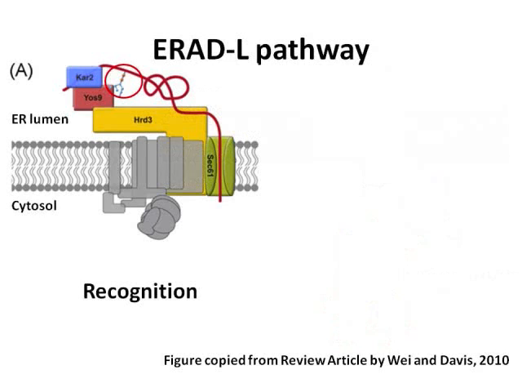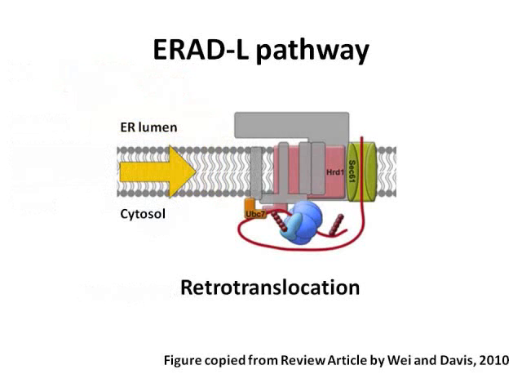Next, we'll talk about the ERAD-L pathway. When a misfold is located within the lumen, chaperones CAR2 and YOS9 recognize its glycan moiety, circled in red, and try to assist proper folding. If this does not occur, the HRD3P ubiquitin ligase of the HRD1 complex recognizes the fold and directs it to the putative retrotranslocon Sec61.